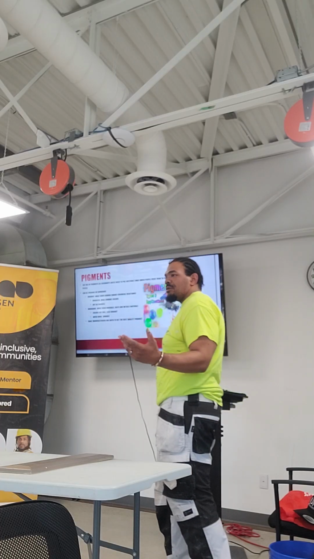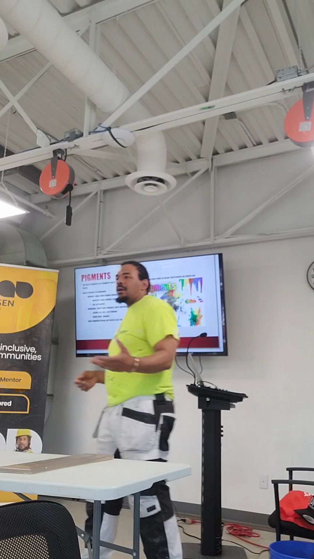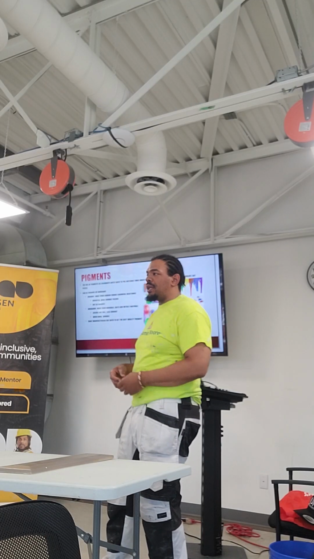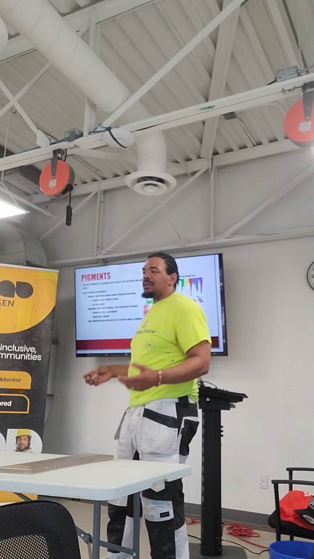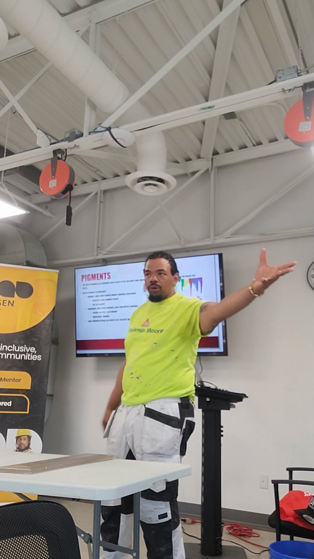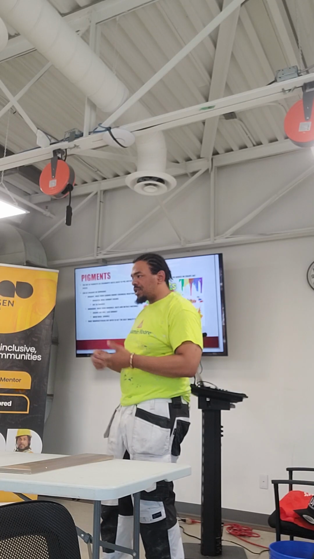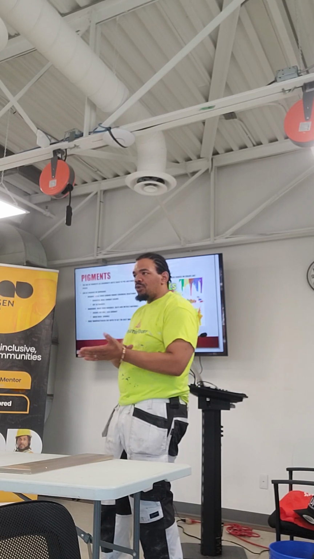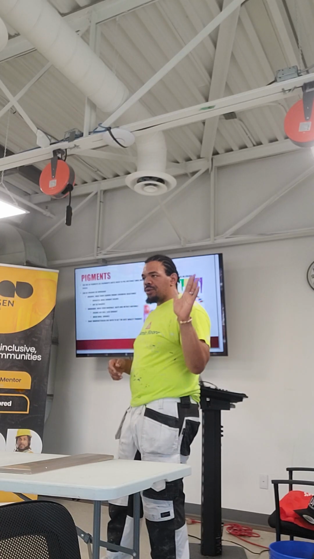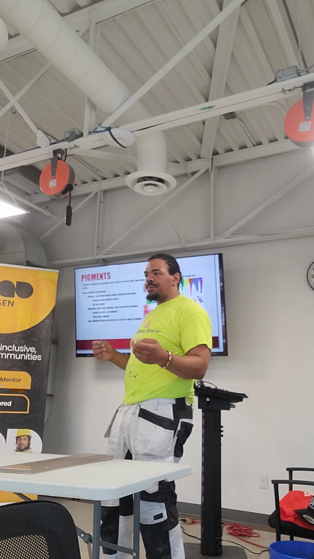Pigments can be either organic or inorganic. An organic pigment is something that was made naturally. For instance, trees have chlorophyll in them, and chlorophyll is green. If you take your white shirt and rub it in the grass and you get green on your white shirt, that's an example of a natural pigment.